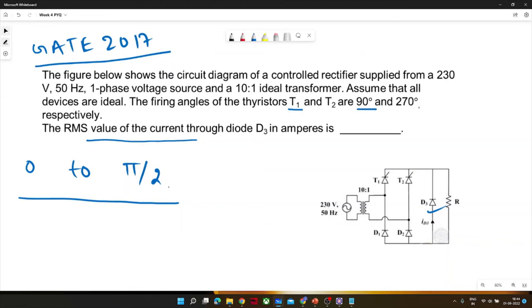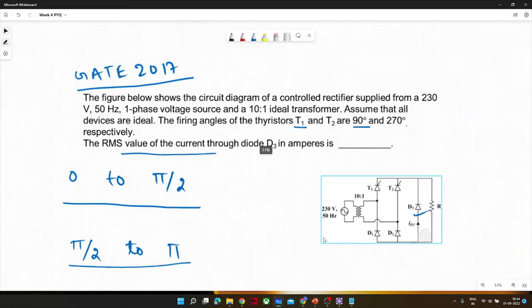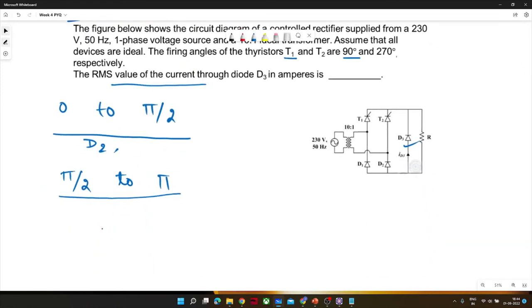From 90 degrees to 180 degrees, D2 would conduct, that is for sure. Now T1 would also conduct because it got its firing angle, and the circuit is completed from pi by 2 to pi. But I still don't know what happens from 0 to pi by 2. We will come back to this point.